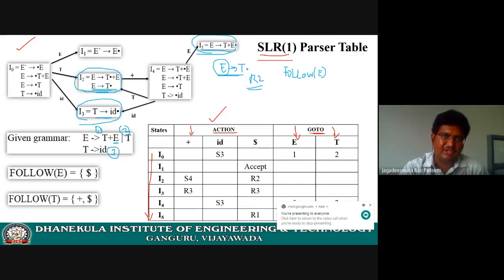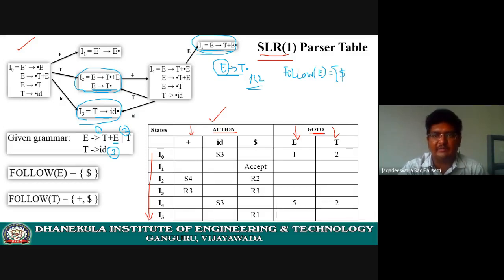And capital E is our start symbol, so the follow of E definitely contains dollar. Other than dollar, you may get some terminals. But in our example, this is the only production rule where the RHS contains capital E.